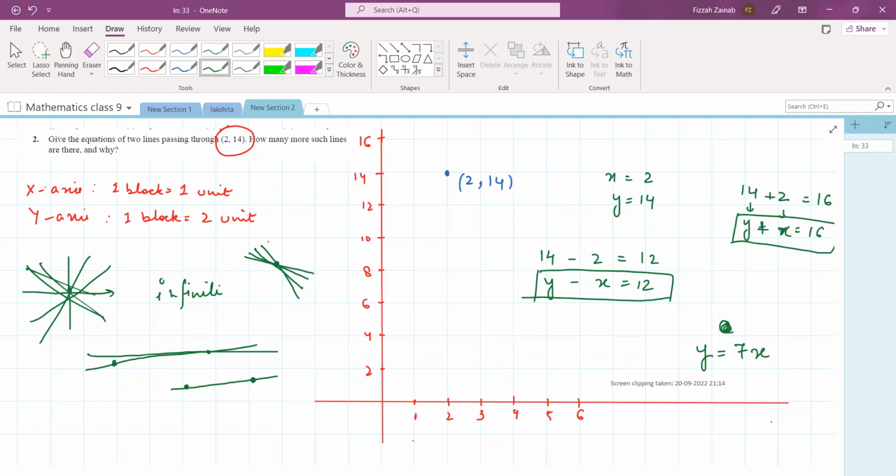You can check: you put x is equal to 2, you will get 14, which is y. Clear? So this is another equation. Like that, how many equations can you frame? Infinite equations. Clear? Because there are infinite lines which are passing and every line has its own equation. Understood?